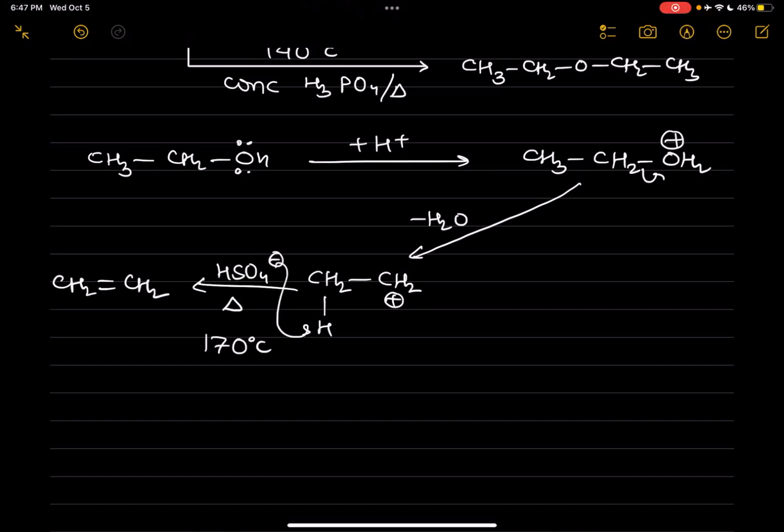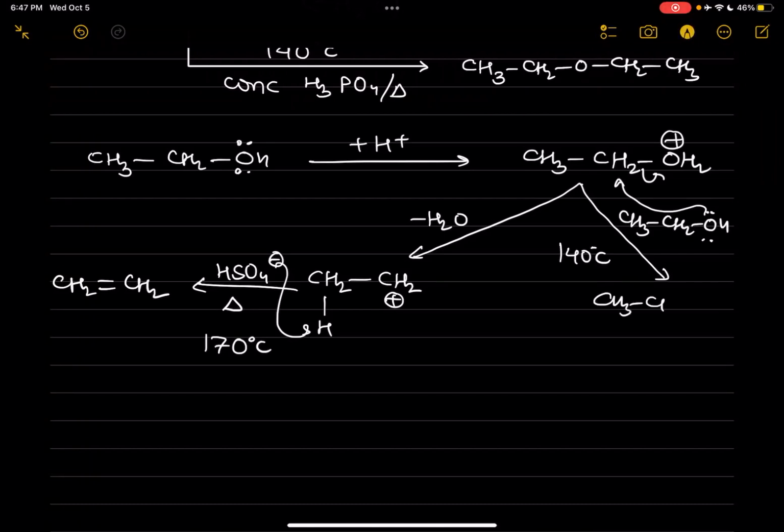But if you take a lower temperature, 140 degrees Celsius, then this ethanol molecule is going to attack the other molecule, and you are going to have this.